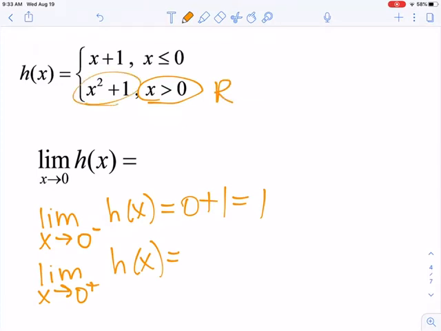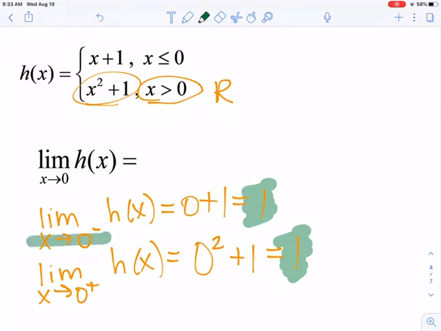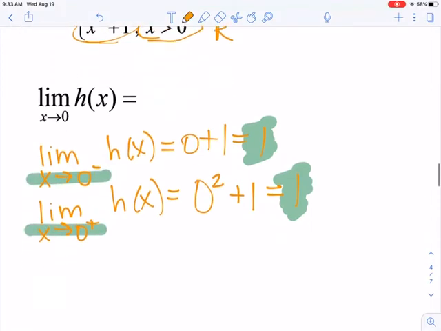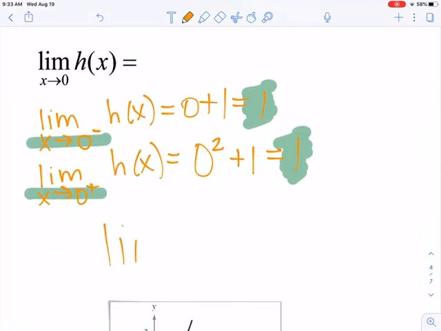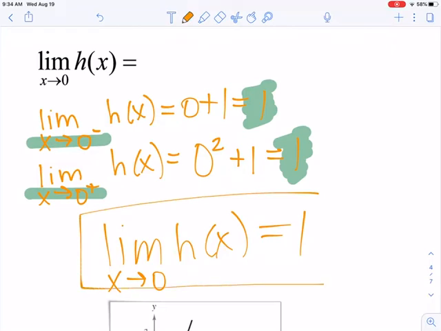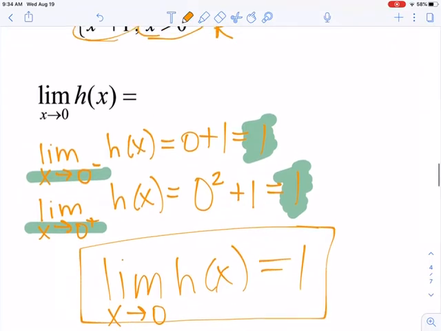Okay, x is greater than 0 would be describing the right side of 0. So we can plug in using direct substitution to this piece right here. Because these two are the same, our left hand and right hand limit, then we can conclude that the limit as x approaches 0 of h of x equals 1.